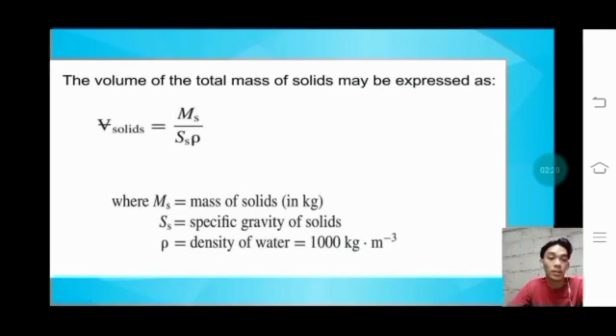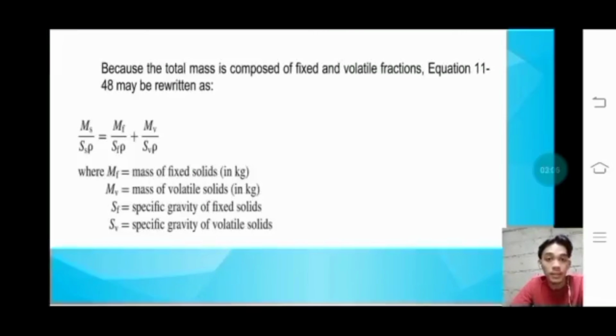Another formula: ms over SsP is equal to mf over SfP plus mv over SvP, where mf is mass of fixed solids in kilograms, mv is equal to mass of volatile solids in kilograms, Sf is equal to specific gravity of fixed solids, Sv is equal to specific gravity of volatile solids.